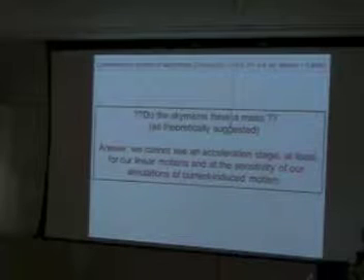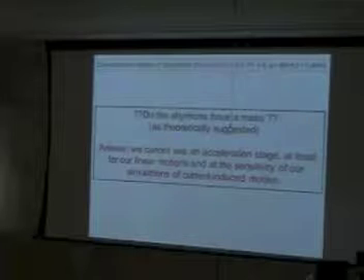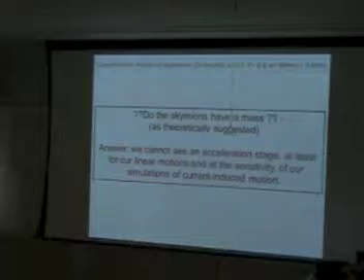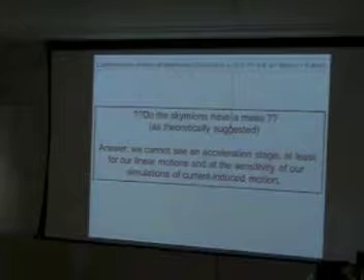There is a theoretical problem that has been raised by some theoreticians: as the skyrmion has a mass in this motion, is there an acceleration stage? We have tried, and we cannot see in this simulation any acceleration stage. So at least at the sensitivity of the simulation, there is no mass or a very, very small mass.